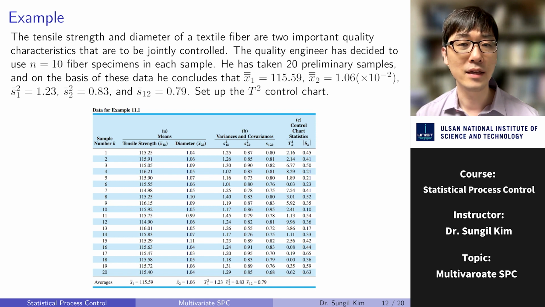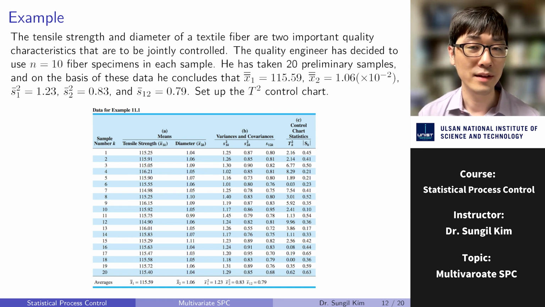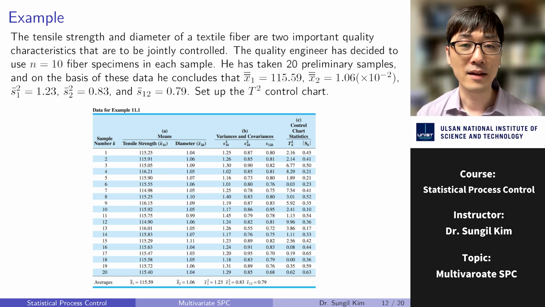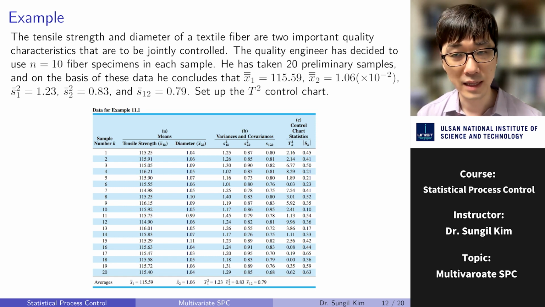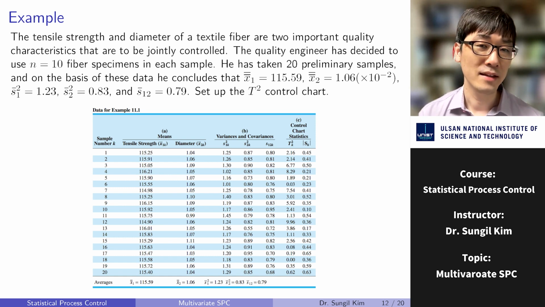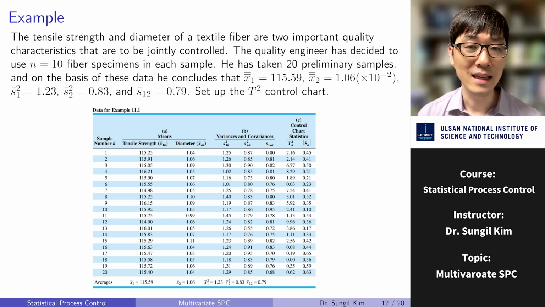Suppose that we need to set up the phase 1 T-square control chart. Because this is a phase 1 problem, mu 0 and sigma 0 are unknown and n equals 10. So we can apply the case 3b Hotelling's T-square control chart.